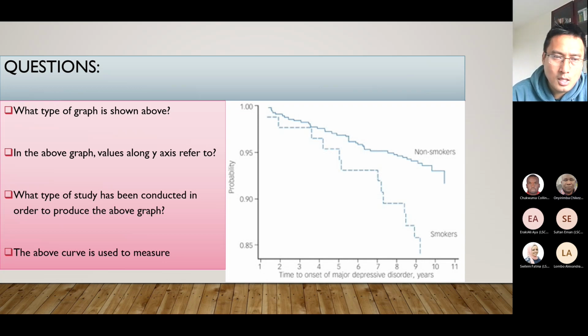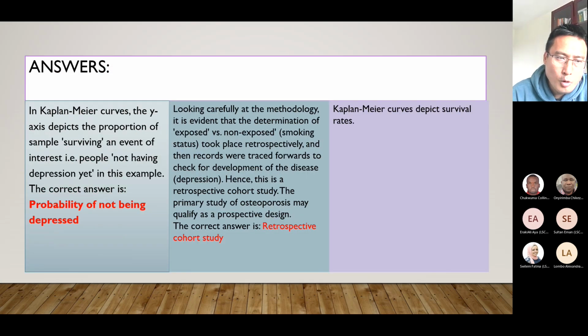Okay. Above graph is used to measure what? Survival. Yeah, so let us look at the answers. The graph is Kaplan-Meier, probability of not developing depression, retrospective cohort, and survival rate.